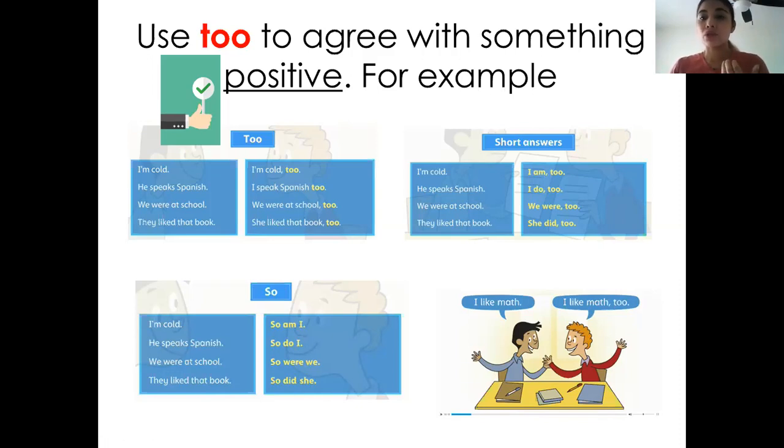We use the expression "so" for short answers when we talk about positive statements. That's a short answer. And we use "so" at the beginning, followed by the verb and the pronoun.